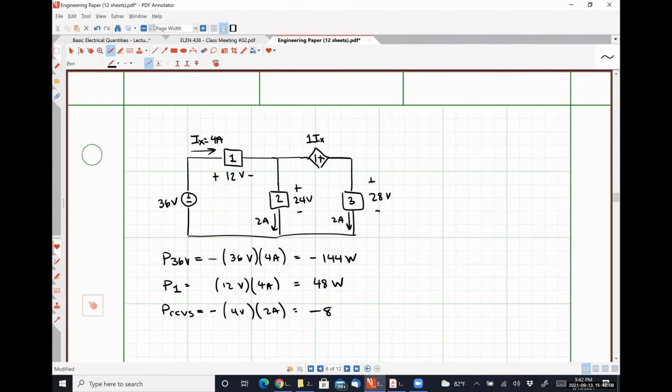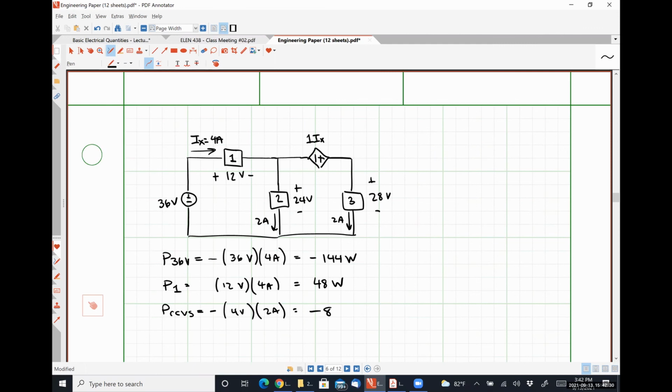And the other 2 are fairly trivial, right? Both of the next instances are just the voltage times the current, because the current is flowing into the positive polarity terminal in both cases. This is literally as hard as this needs to be. Yes. Where did you get that from?